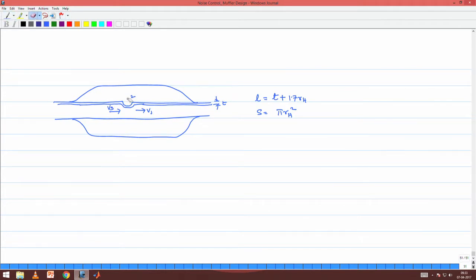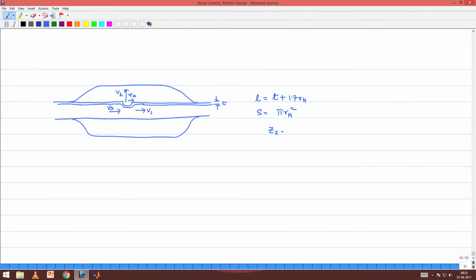I am really short of space in this drawing here, but I will try to make amends. So, this is RH, and from here there is a sound which is escaping at a mass velocity of V2, right. So, definitely I can assume that there is an impedance at this point which is related to this annular cavity.